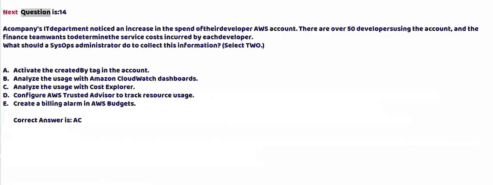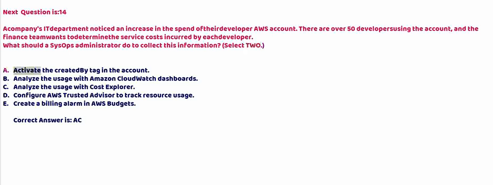Next question is 14. A company's IT department noticed an increase in the spend of their developer AWS account. There are over 50 developers using the account, and the finance team wants to determine the service costs incurred by each developer. What should a SysOps administrator do to collect this information? Select 2.